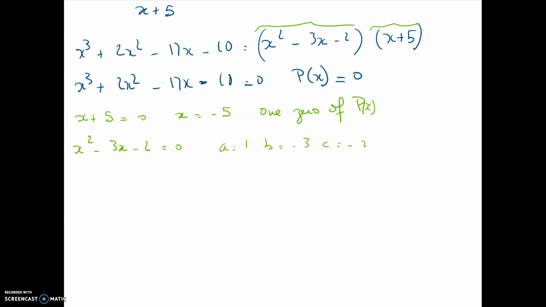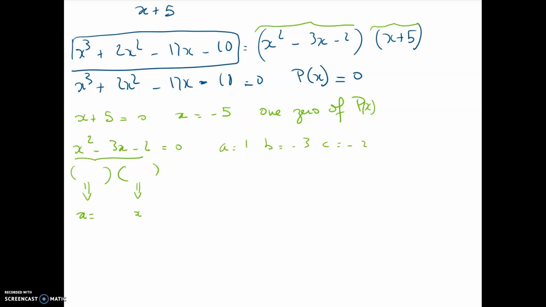I will find the two other zeros, meaning that my polynomial x squared minus 3x minus 2 will be, in fact, made of two parentheses, and each parenthesis will help me to find a new value of x that makes my polynomial of degree 3 equal to 0. I'm expecting to have 3 zeros. Why? Because it's a polynomial of degree 3.